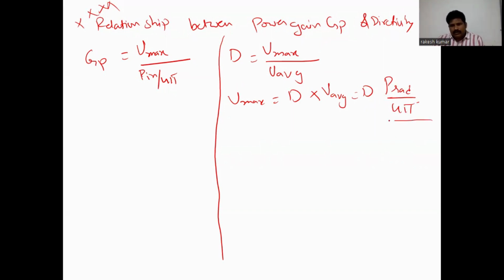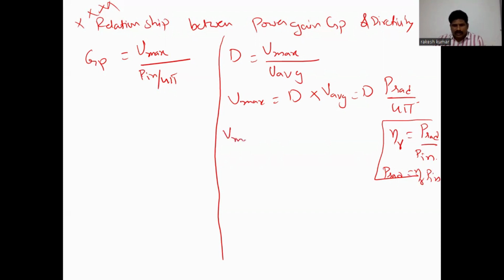Okay, in the previous expression, antenna efficiency, what is the formula for the antenna efficiency? Antenna efficiency is equal to P radiated by P input. From this, P radiated is equal to efficiency into P input.